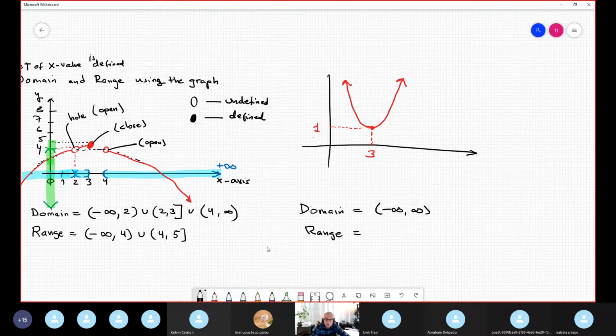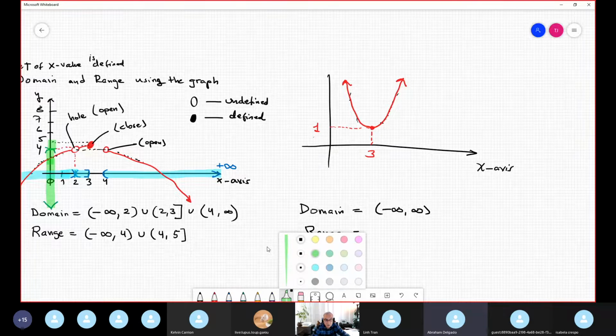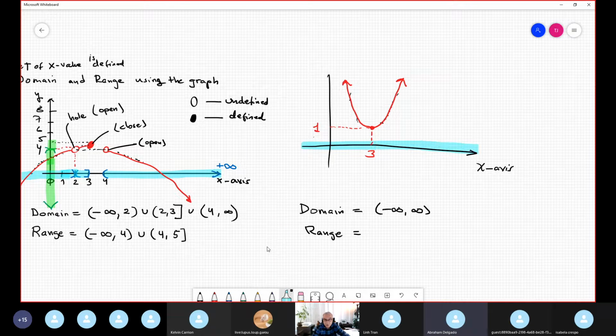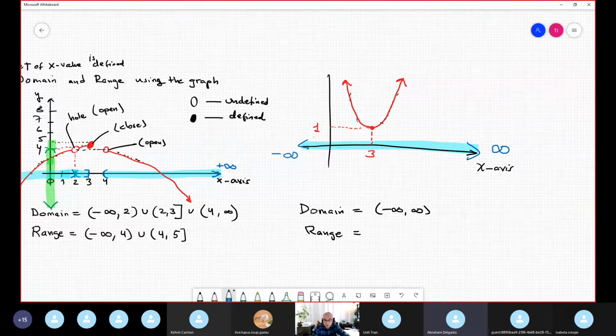Another way to see this: you project any point on the parabola onto the x-axis, and you see that the domain is all real numbers. This continues forever.